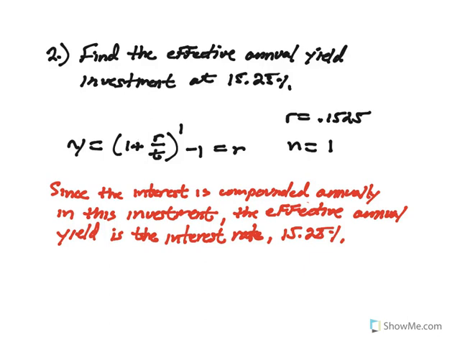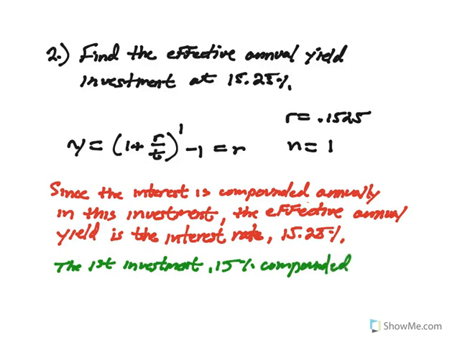Okay, so therefore, we say the conclusion: the first investment at 15% rate compounded monthly is the better investment. I'm so sorry, the marker is sliding on me.